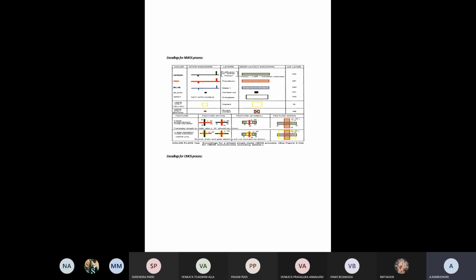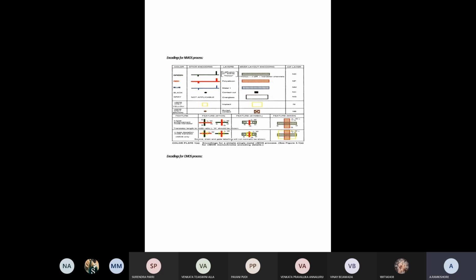By seeing the colors, we can say whether it is an NMOS transistor or a PMOS transistor. If the green color and the red color cross, that is an NMOS enhancement transistor. If there is a yellow dotted square box implant over the two colors, it acts as an NMOS depletion mode transistor.